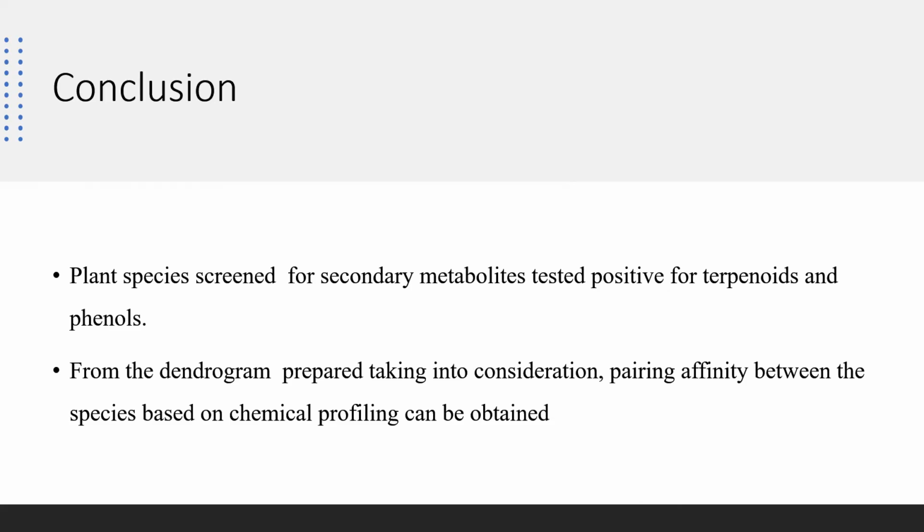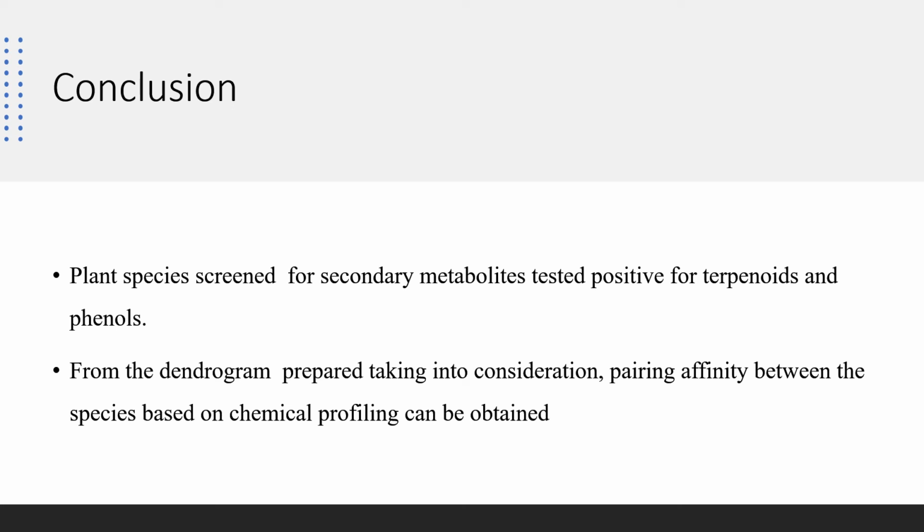With this, I would like to conclude the results obtained, where preliminary analysis screening for secondary metabolites tested positive for terpenoid as well as phenol, and the dendrogram prepared from the UPGMA software based on the pairing affinity reveals a close relationship between the species from the same family.